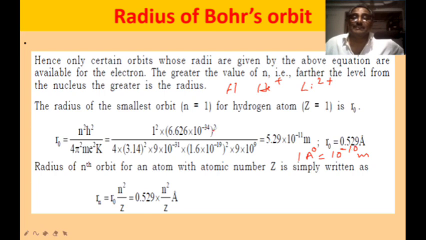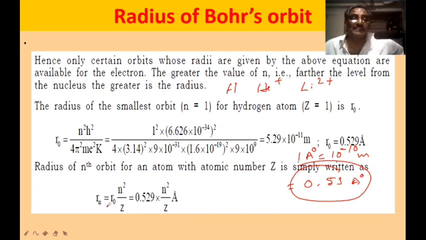We can write this approximately as 0.53 angstrom units. This is the radius of Bohr's first orbit, that is R0.